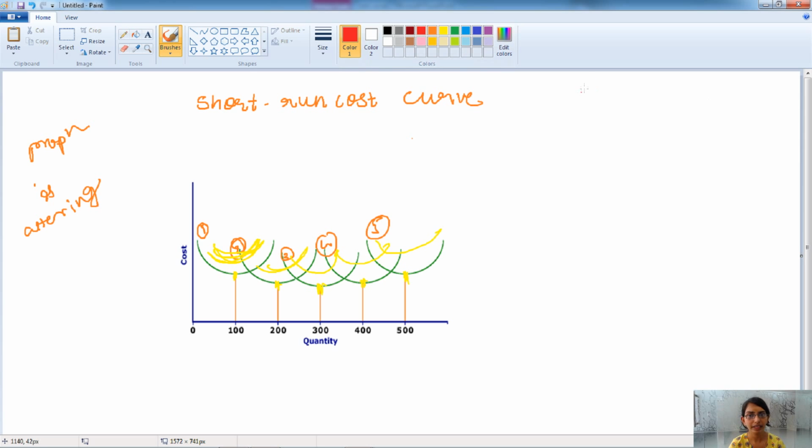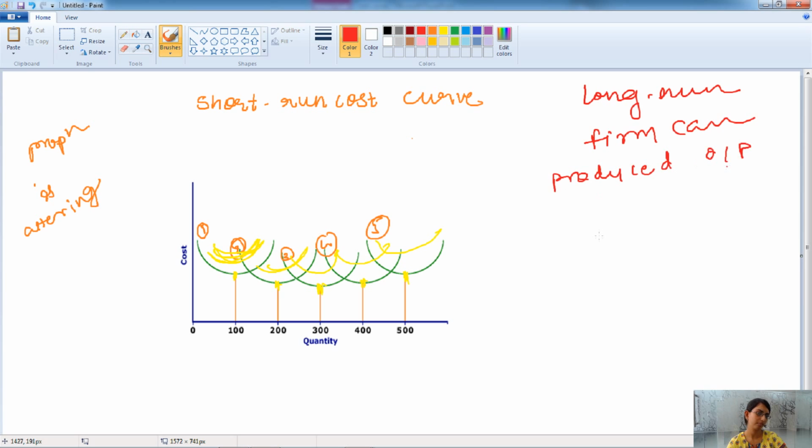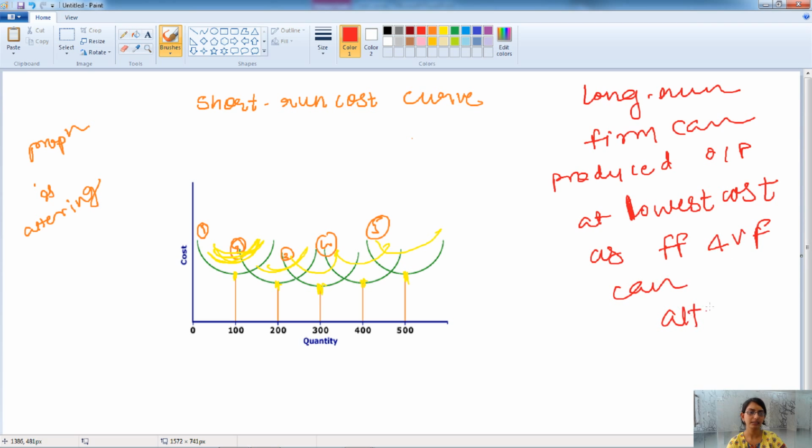But the firm can change in the long run. The firm can produce output at the lowest cost, as the fixed factor and variable factor can alter.